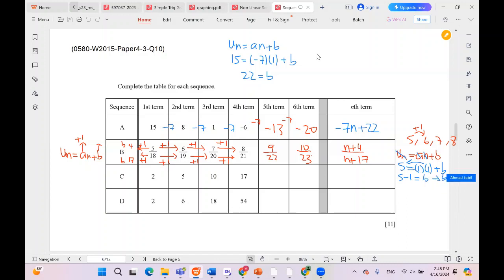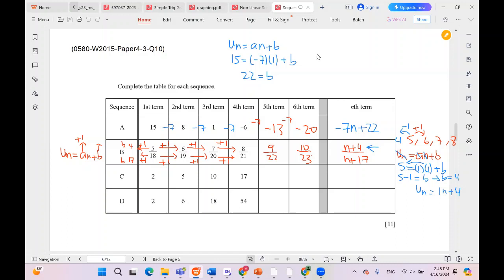And therefore b equals 4. And therefore un equals 1n plus 4, which is what we got here. So it was just a quick way. The quick way is simply just moving one step back. You do minus 1 here, you just get 4, and then that's the b. That's a quick way of finding the b for linear sequences.